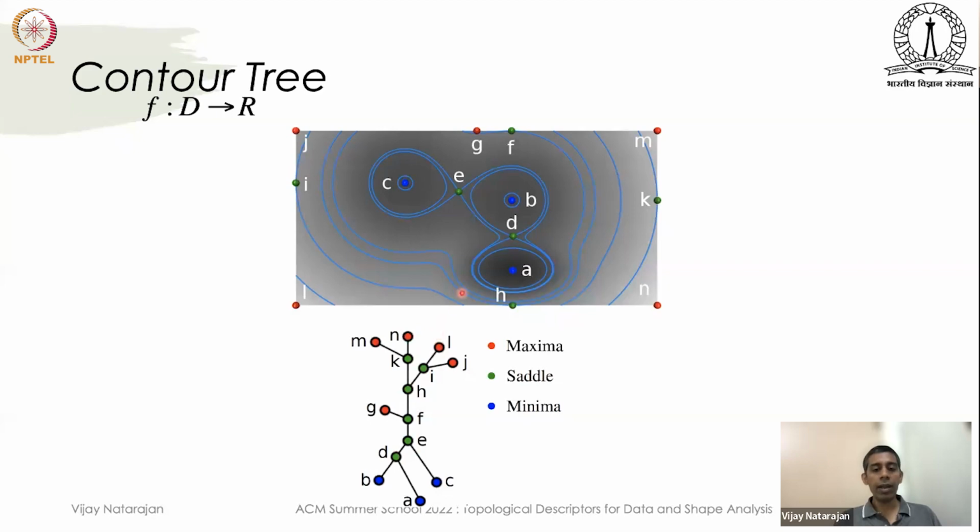In your mind, let's think about how the saddle D represents the merge event of contours that were formed from A and from B.